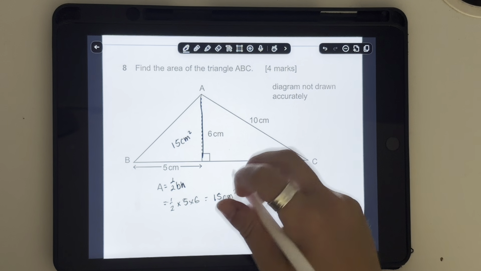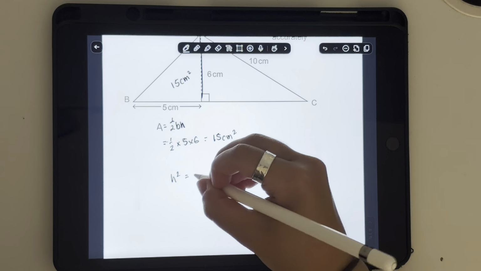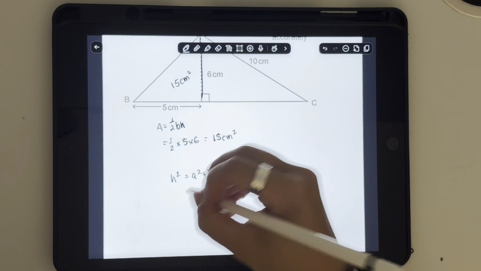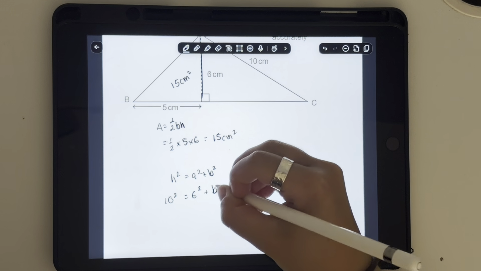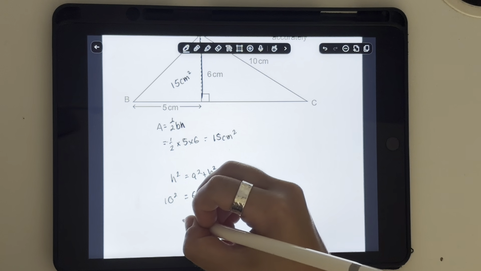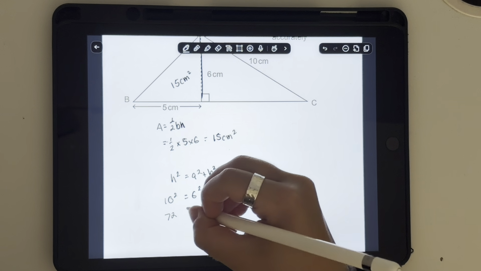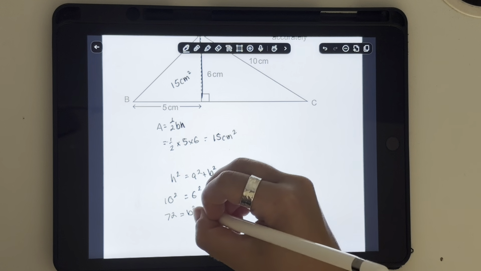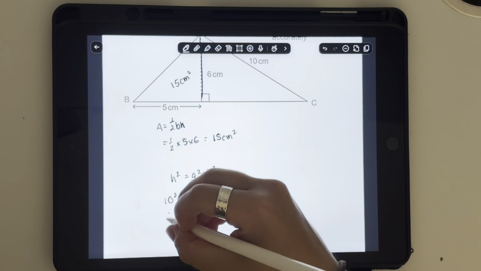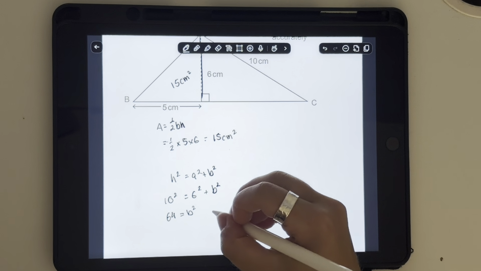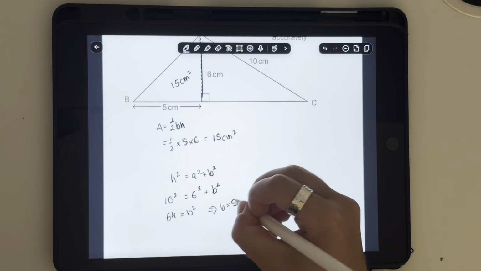Then here, we can do Pythagoras. So that's going to be 72. No, sorry, 64. What is wrong with me? So B is 8.